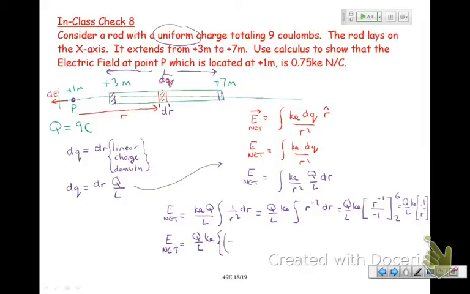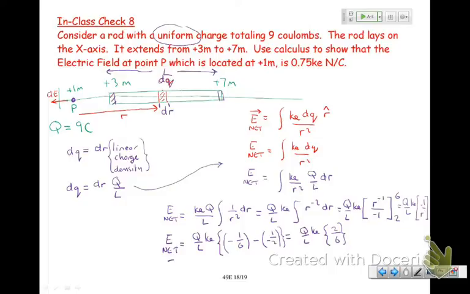This is going to be minus 1 over 6 minus 1 over 2, which equals Q over L k_e. What does that work out to be? Minus 1/6 minus minus a half is minus 1/6 plus 3/6, which is 2/6. Agreed?